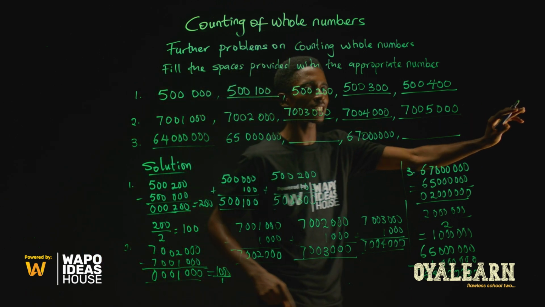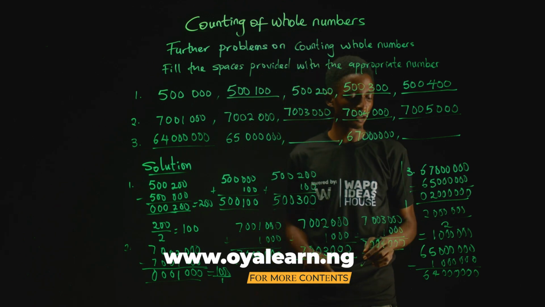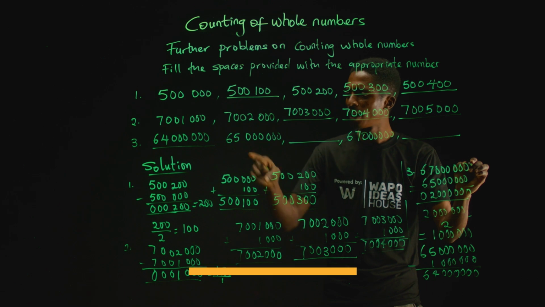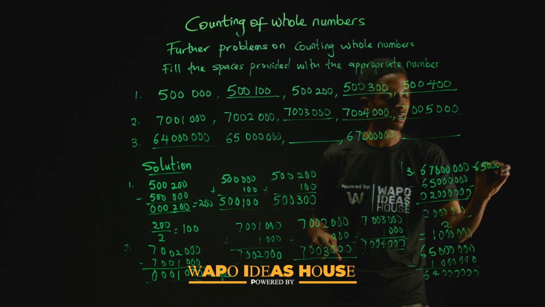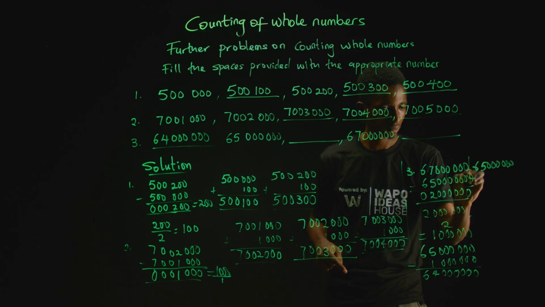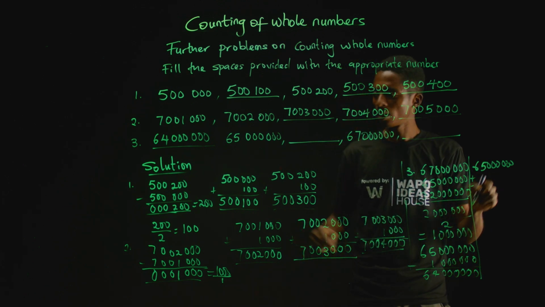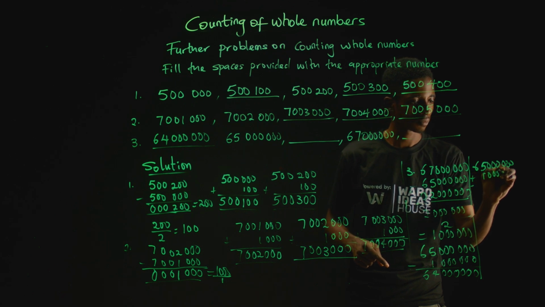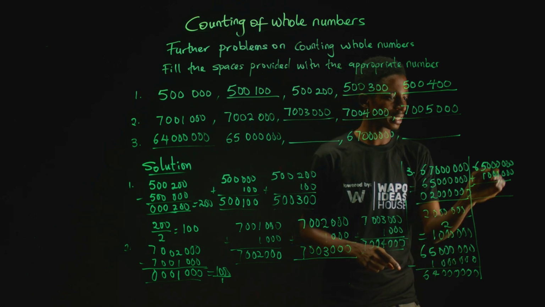And then as we progress further, we begin to add 1 million. Let me do one here for you, and then you can apply the rest. Here we have 65,000,000, plus, let me separate this so you don't mix it up, 1 million. What do we get?